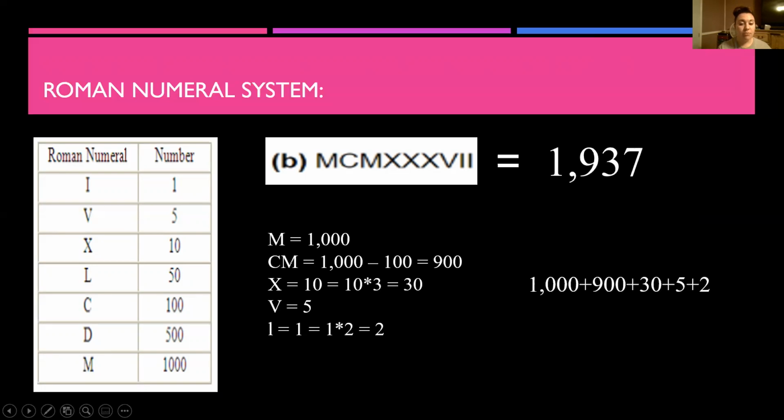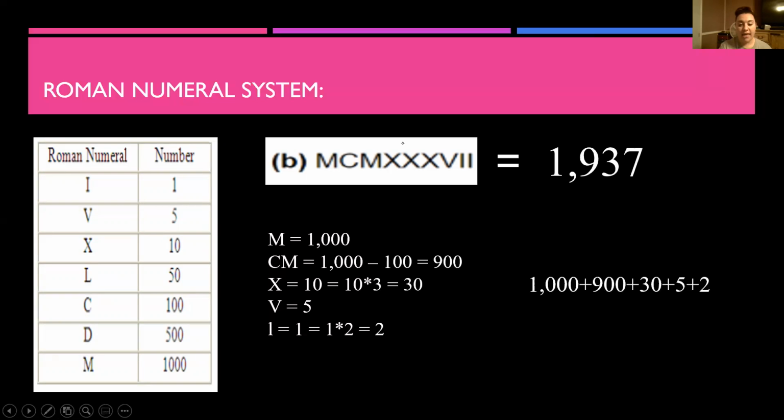Our CM, now our C is worth 100, but our M is worth 1,000. So when you have a larger letter behind a smaller letter, then you're supposed to subtract. So you would do M, which is 1,000, minus 100, which is C, which gives you 900.